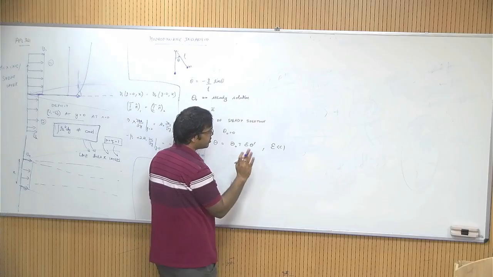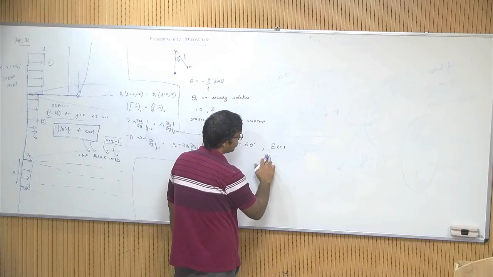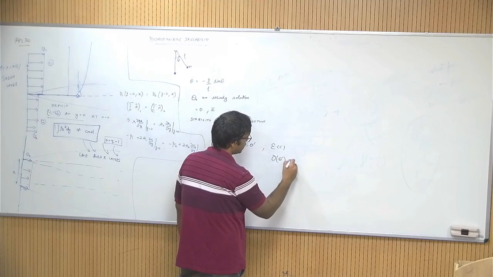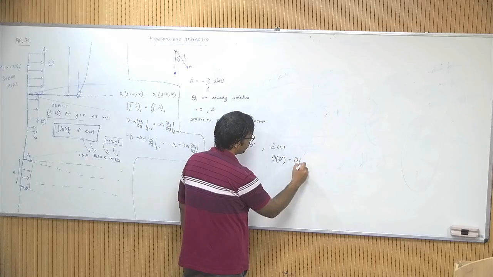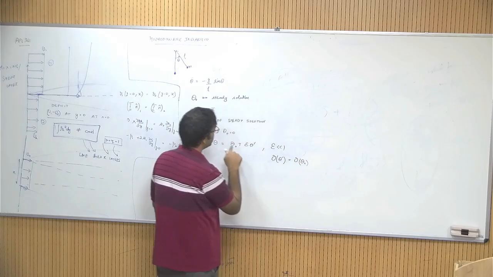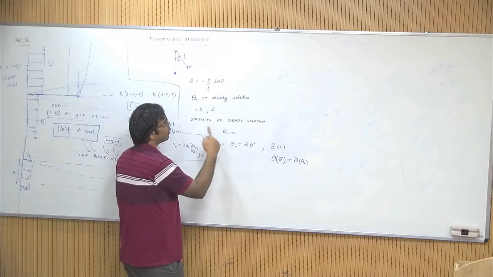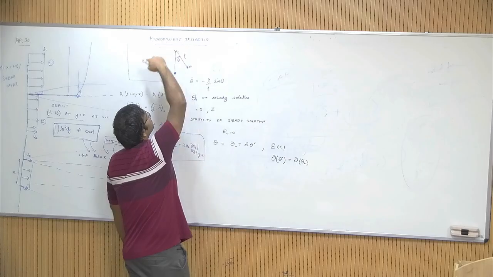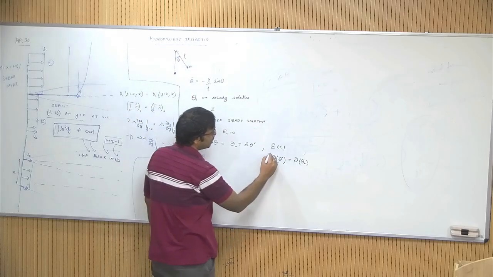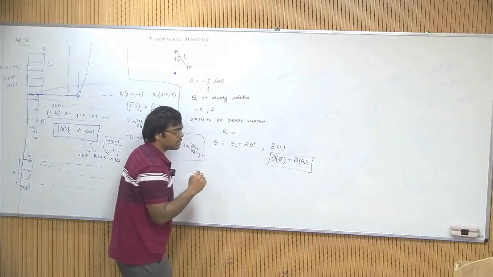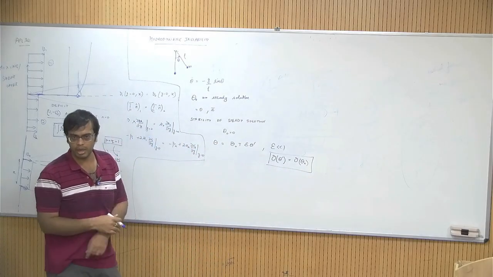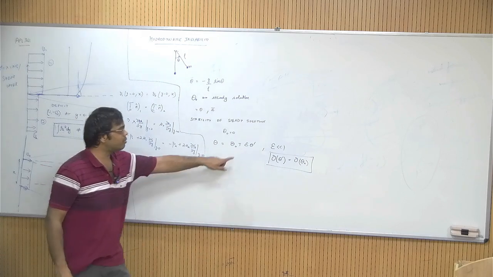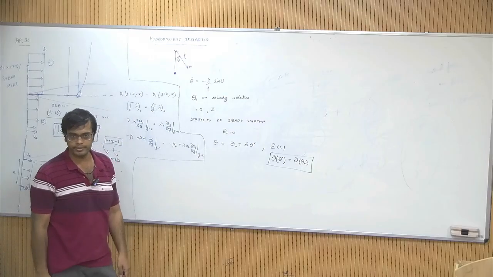It can be some epsilon, and the order of magnitude of theta prime is equal to, let's say, the order of magnitude of theta naught. Of course, theta naught is 0 here, but that doesn't mean the order of magnitude of theta naught is 0. Theta naught can take any values from 0 to pi. So by saying this, I am trying to say that the order of theta prime is 0 to pi. Basically theta prime is not small. I am making it small by multiplying it with a small number.